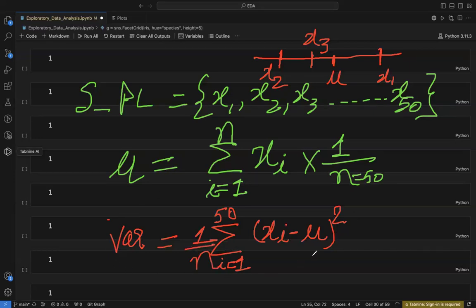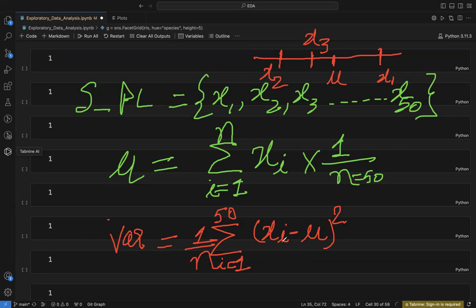So this is my variance. What I'm actually doing here is taking each of my points as xi and subtracting the mean mu from each of my points.